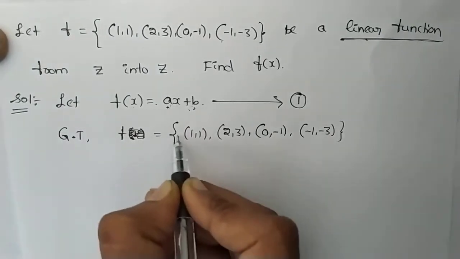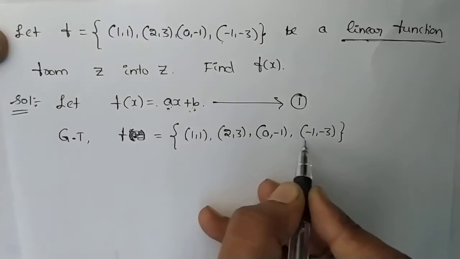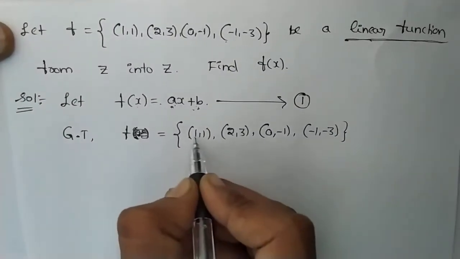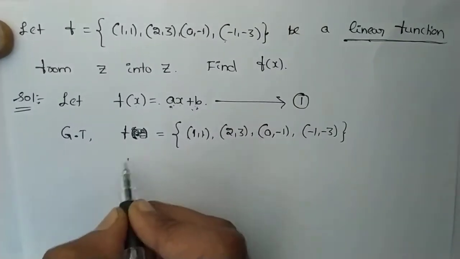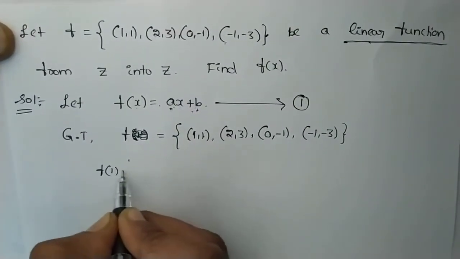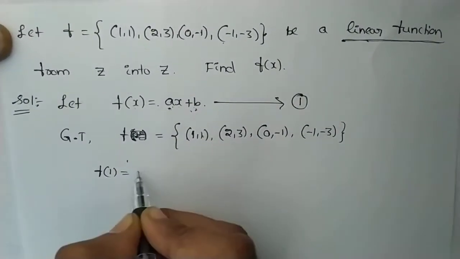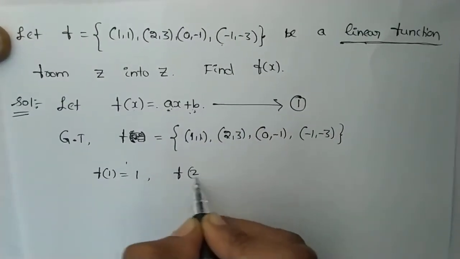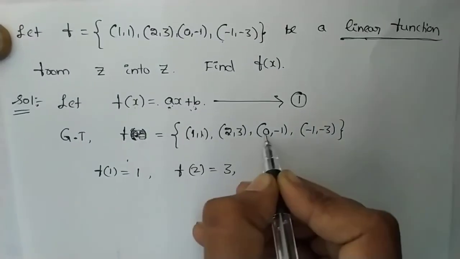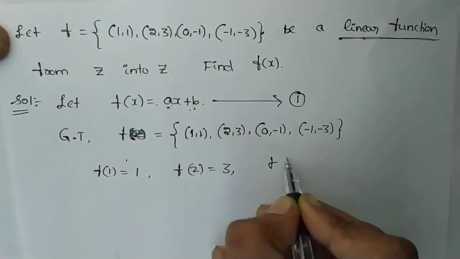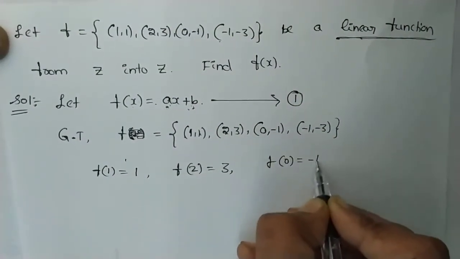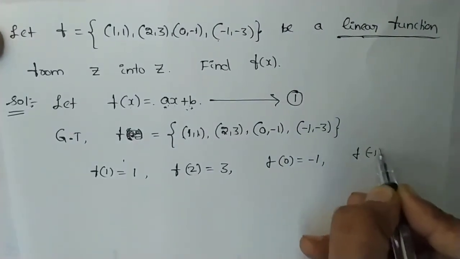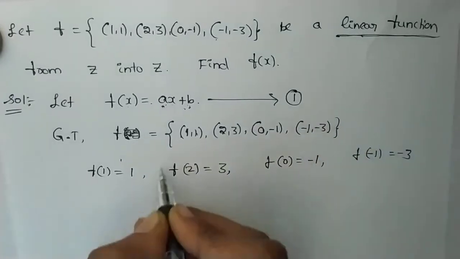By the definition of a function, f of 1 equals 1. Next, f of 2 equals 3. Next, f of 0 equals minus 1. Next, f of minus 1 equals minus 3.